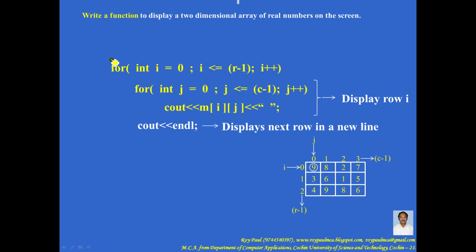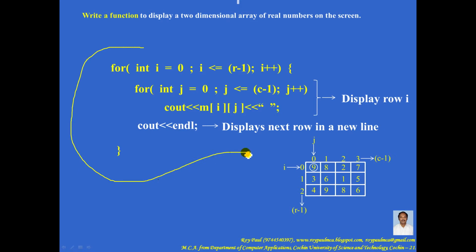Now, associated with this for loop, this is one piece of code which displays row I, and this is another piece of code, cursor will go to next line. So associated with this for loop, two statements are there, 1, 2. So here you need an opening curly bracket, closing curly bracket.